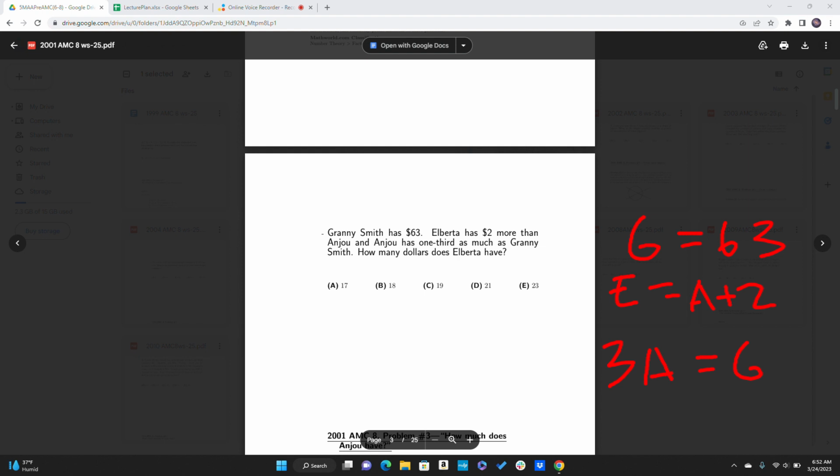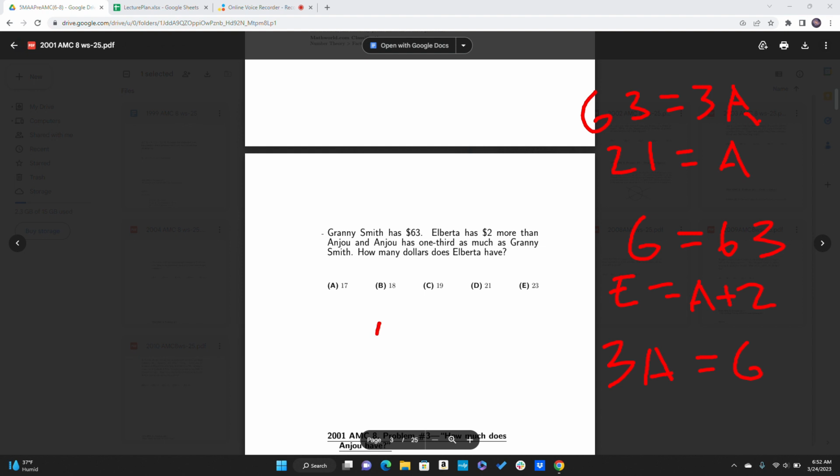We can use our first equation and plug it into our third equation to figure out how much Anjou has, and then use how much Anjou has to find out how much Alberta has, right? So if Granny Smith has 63, we know that 63 equals 3 times Anjou by our third equation. So dividing both sides by 3, we've got 21 equals A. Anjou has $21.